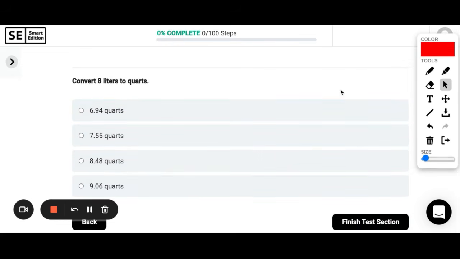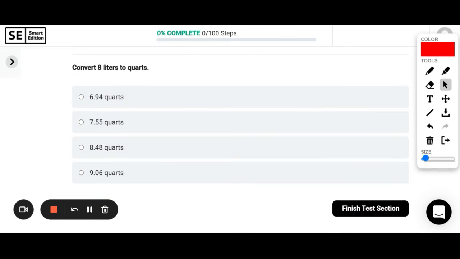Okay, so we are on to our last question here. We need to convert liters to quarts. So I have 8 liters, and I want to know how many quarts that is. Okay, so this is another conversion you need to know. So 1 liter is equal to 1.057 quarts.